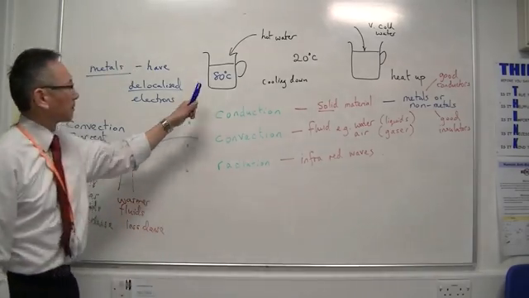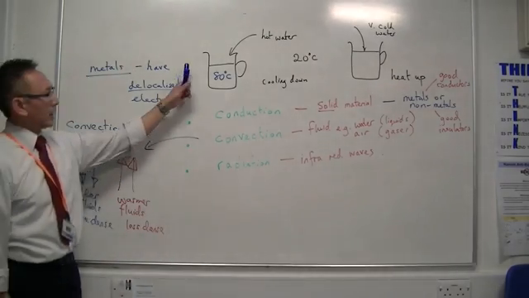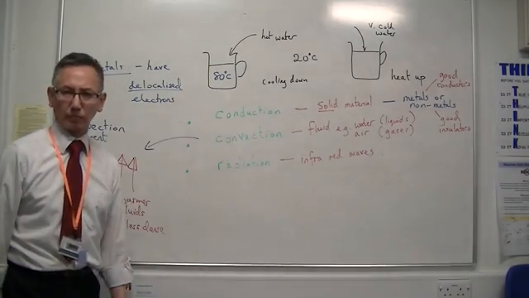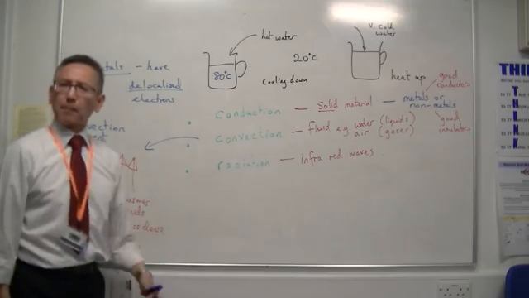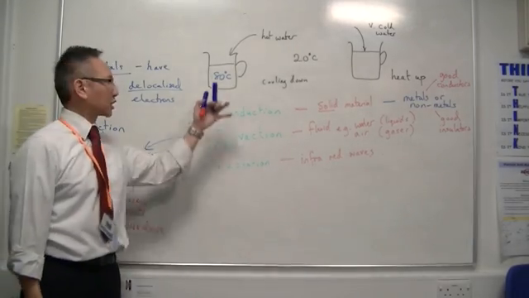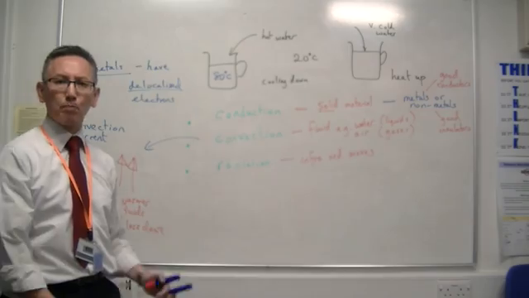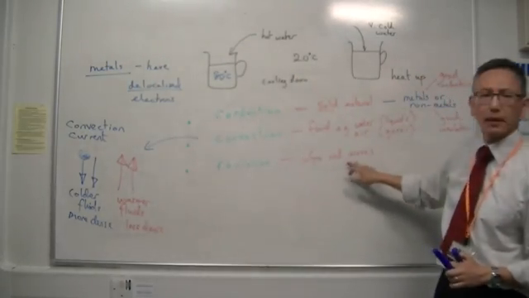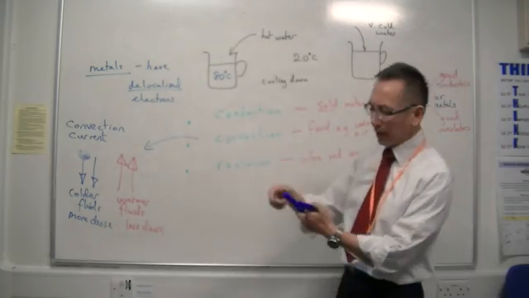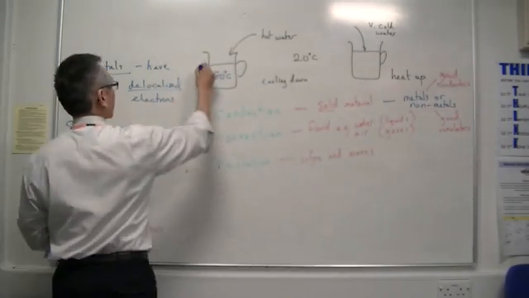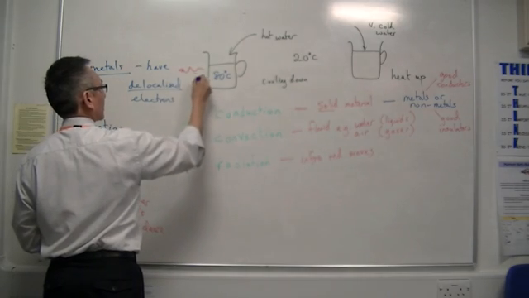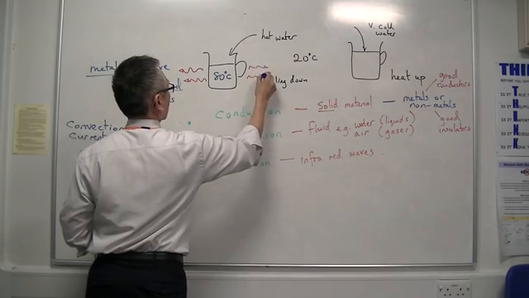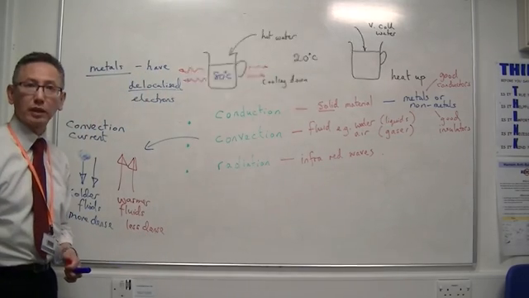So, if this cup was a dark colour, say a black cup, that surface, that colour, will make that cup lose more heat energy by infrared, because more infrared waves are being lost. Those are the infrared waves.